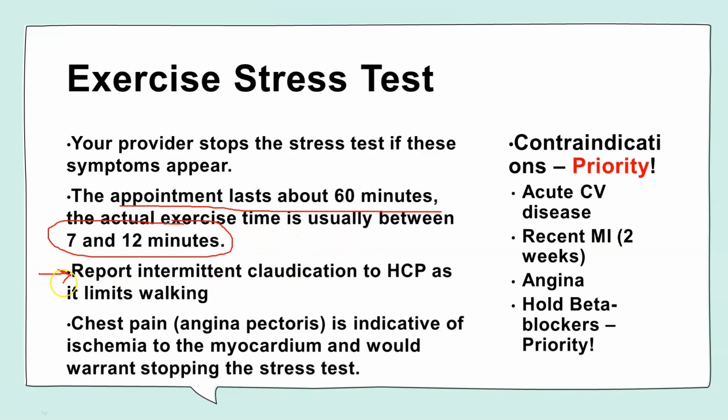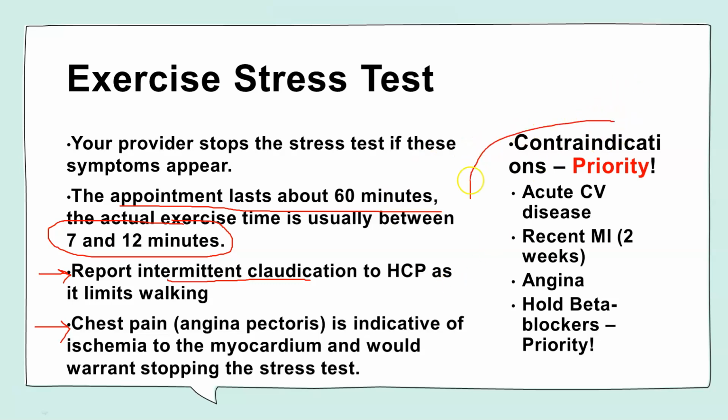We need to instruct them to report any intermittent claudication. We're going to talk about intermittent claudication when we talk about peripheral artery disease, because this does limit your walking. You can't really walk or do our 7 to 12 minutes of walking if you're having severe leg pain. And of course, you need to tell them that they need to report any chest pain.